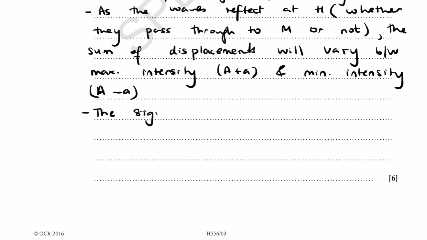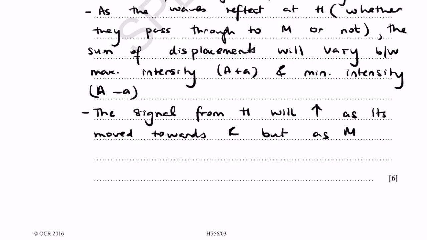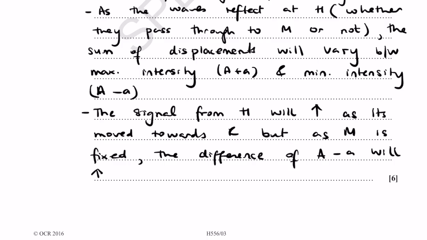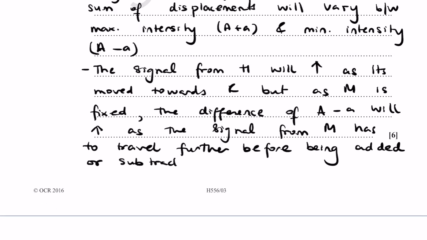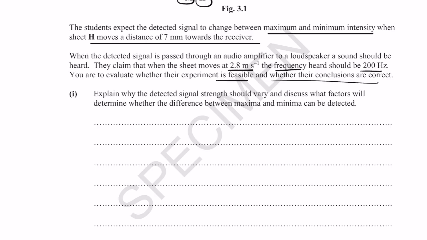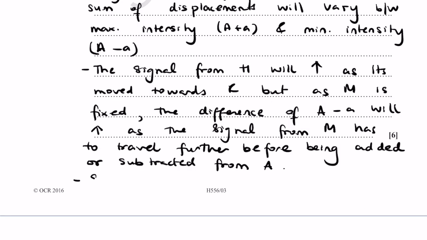And then the signal from H will increase as it moves towards R, but because M is fixed, the difference of A minus A will basically increase too, as the signal from M has to travel further before being added or subtracted from A. So A plus A will decrease and A minus A will increase.